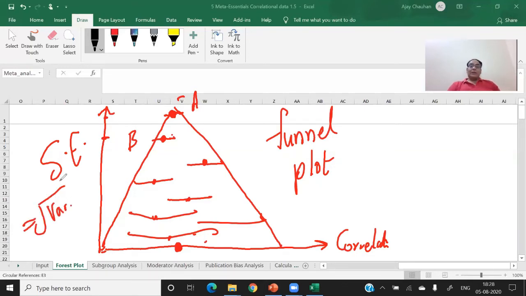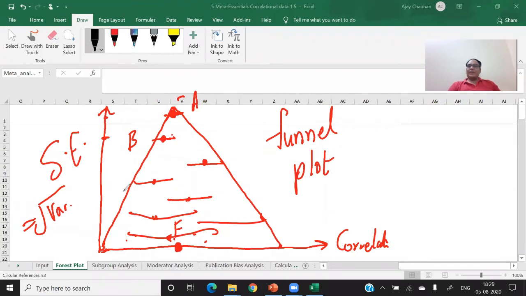Now the concept is the same. If the sample size is very high, variance is low. So study A must have the lowest standard error, and then study F, G, H. The study with the lowest sample size has the highest variance or highest standard error. That is why this funnel is an inverted funnel, like a pyramid, in which the breadth of the base is high and the breadth of the top is small.